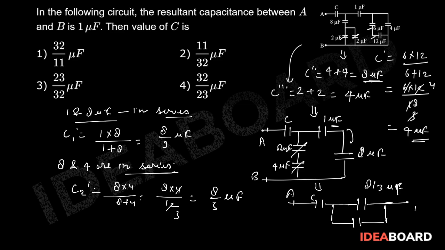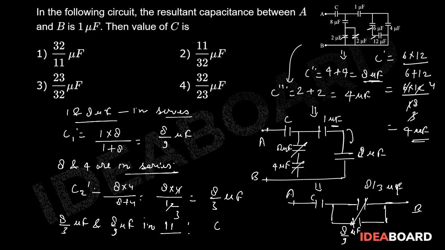So this is point B, and this will be how much? 8 by 9 microfarad, correct? And these two now are in parallel, right? So 8 by 3 microfarad and 8 by 9 microfarad in parallel.